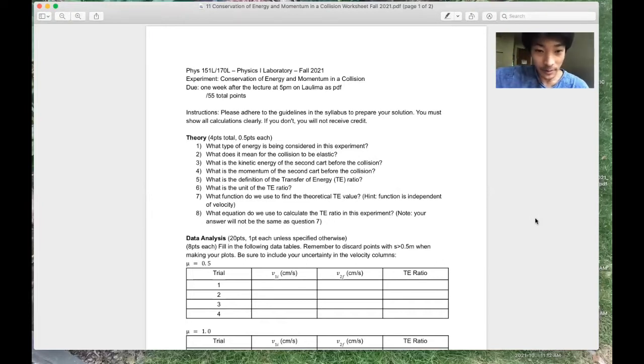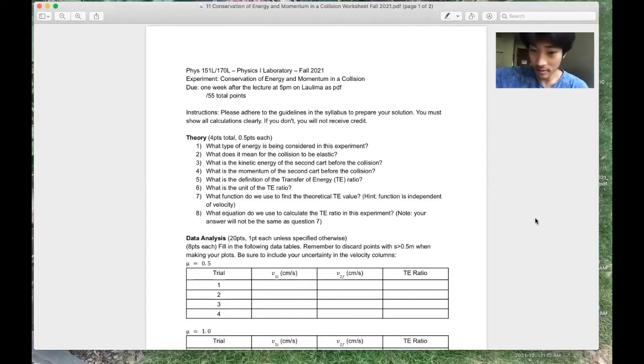Okay, so for number 7, what function do we use to find the theoretical TE value? And so this question is really asking, what is the equation for the transfer of energy ratio? And there are actually two different equations that we can use for the transfer of energy ratio.